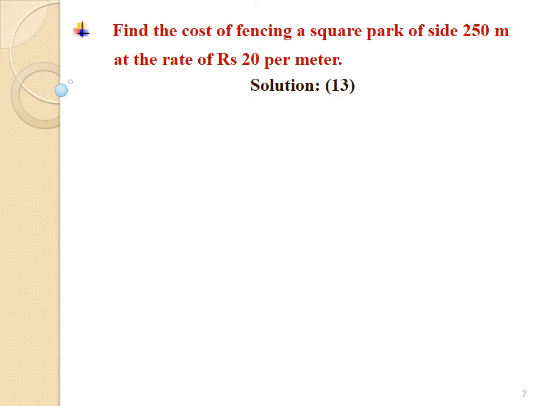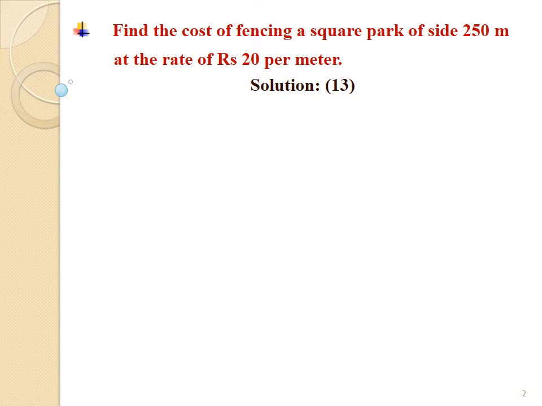Students, in order to find the total cost of fencing a square park of side 250 meters, we have to find the perimeter of the square park.